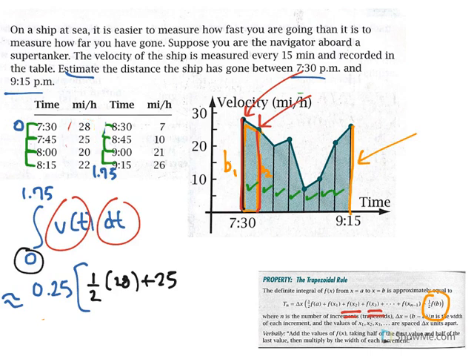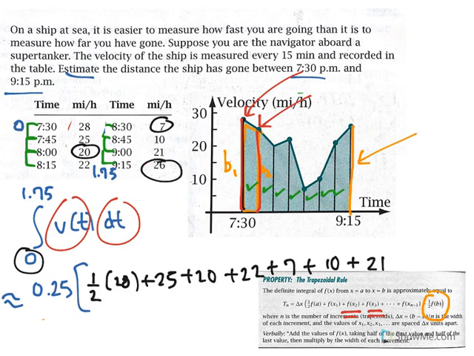So we have 0 plus 25, and then we have plus 20, and then we have plus 22, plus 7, and then we have plus 10, and then we have plus 21, and then the very last one will be 1/2 times f of 1.75, which would be, of course, 26.